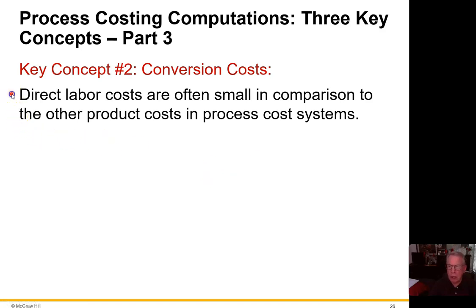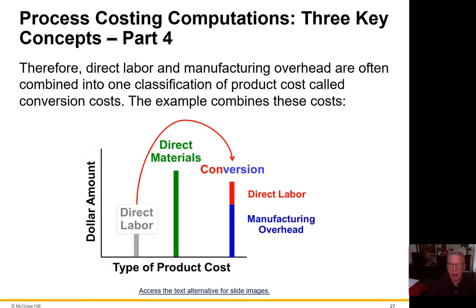So reviewing that just a tad, direct labor costs are often small in comparison to other product costs in a process cost system. Therefore, direct labor and manufacturing overhead are often combined into one classification of product cost called conversion costs.